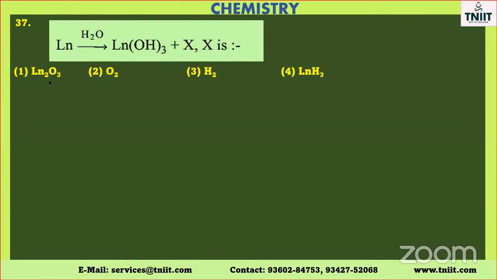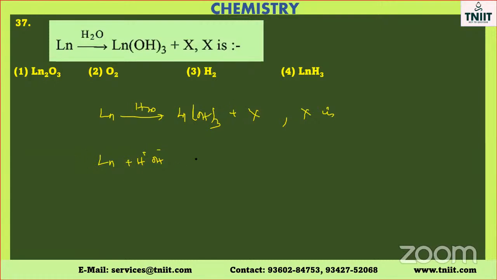The next one, lanthanides. It's lanthanum. Lanthanum, when hydrolyzed, we get lanthanum hydroxide plus X. What is this X? Now lanthanum, water we can write as H plus and OH minus.